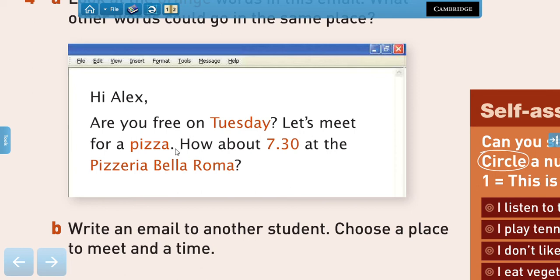So for example, instead of saying Tuesday, you can use Monday, Wednesday, Thursday, Friday, or Saturday. Let's meet for a pizza, or let's meet for a coffee, or for a hamburger. You decide, right? So change this email and maybe send it to a friend. Try to think of things you can do after this quarantine as well.